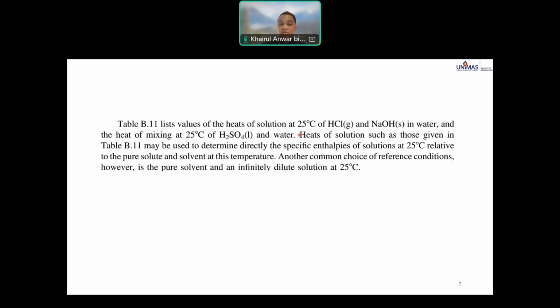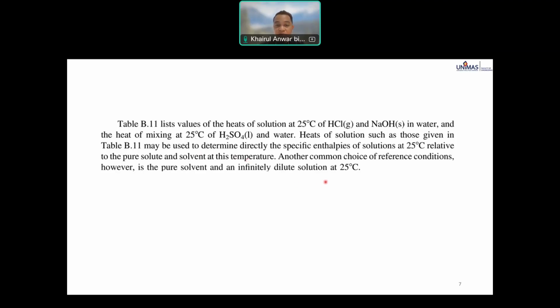Heats of solution such as those given in Table B.11 may be used to determine directly the specific enthalpy of a solution at 25 degrees C relative to the pure solute and solvent at this temperature.